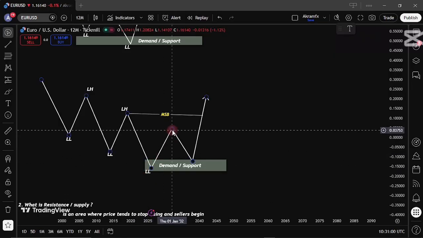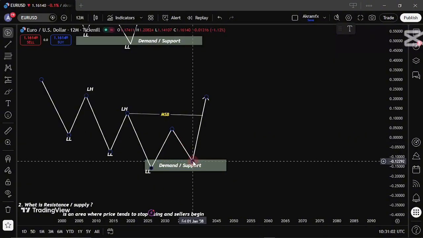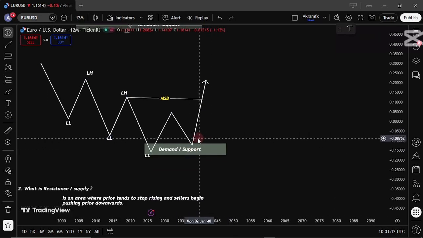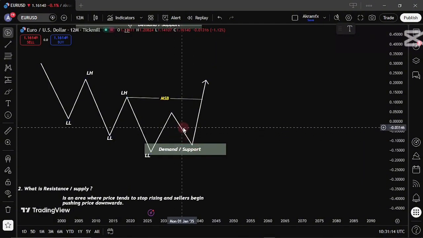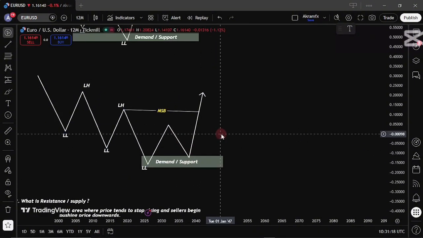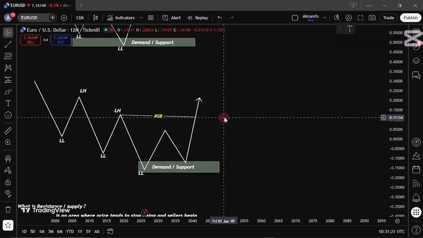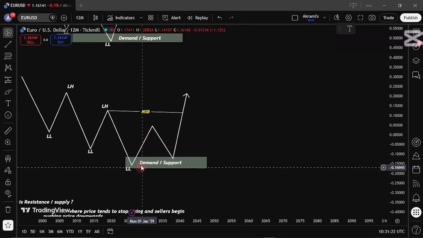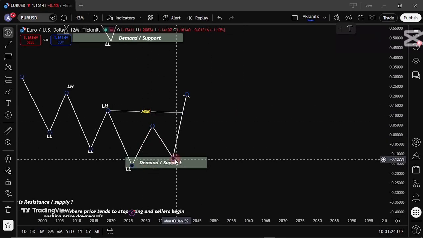But at times prices tend to come and test the zone to see if the zone is still standing, like it's a solid zone. At times they break the zone again on retest. We shall see that later on at the end of the video. But right now, prices can come and get rejected.